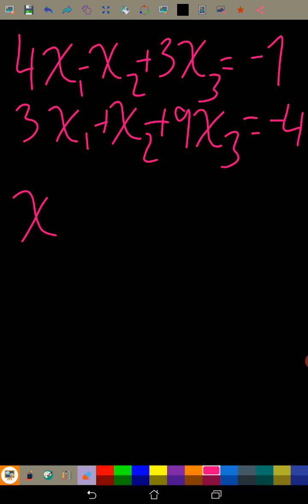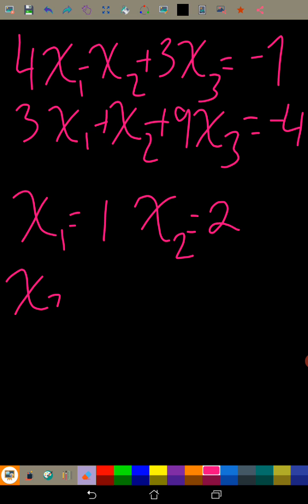So if x1 is equal to 1 here, and x2 is equal to 2 here, and x3 is equal to -1. So if you replace these values, you should get the result.